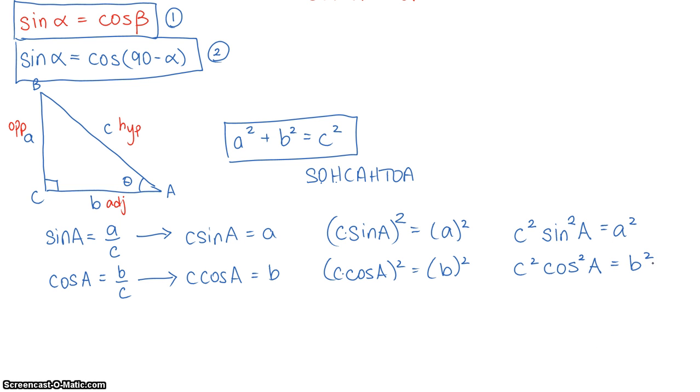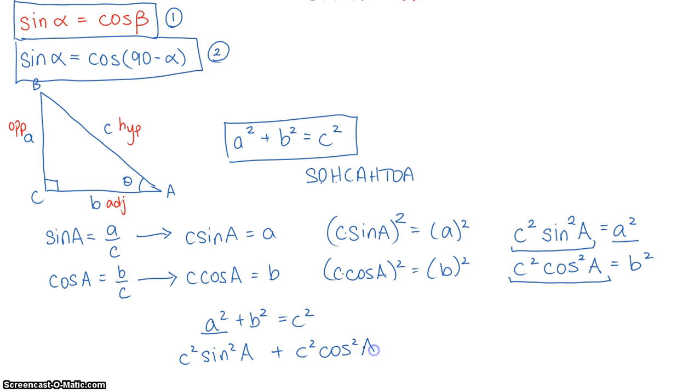And we get this. So now if I take my a squared plus b squared equals c squared, I replace a squared with this whole piece: c squared sine squared of a, plus, wherever I see b squared, I replace it with c squared cos squared of a, equals c squared.